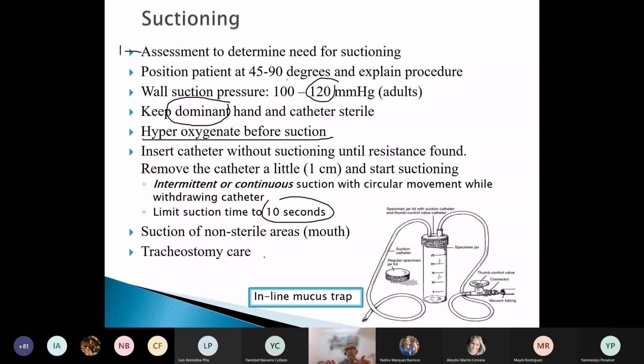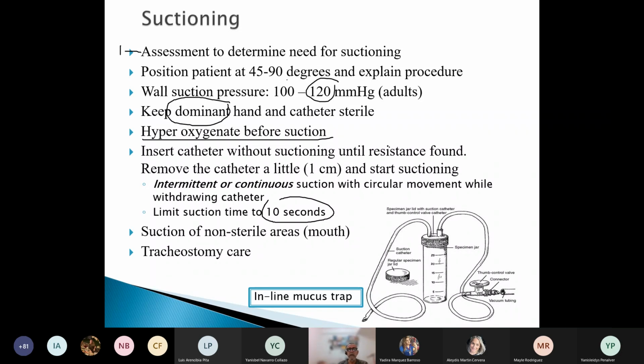The tracheostomy care is when you remove the inner cannula of a tracheostomy and replace it with a disposable one, or you clean it with sterile normal saline, and reintroduce the cannula. You clean around the ostomy, the hole, with normal saline, and place gauze, but don't cut the gauze because it's going to produce lint that can be aspirated.